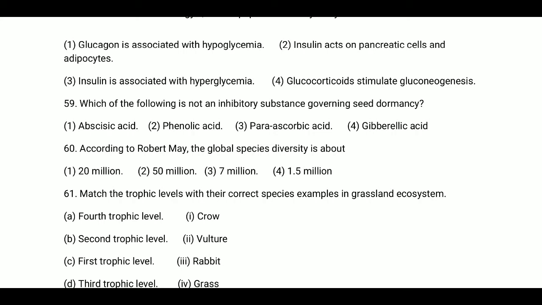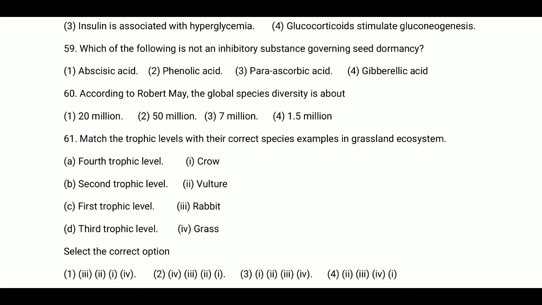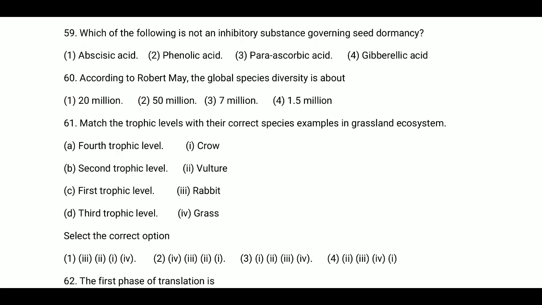Match the trophic levels with their correct species examples in grassland ecosystem. Fourth trophic level, second trophic level, first trophic level, third trophic level. Crow, vulture, rabbit, grass. Now the food chain is asked in a different manner. Okay, so the answer for this you can see. Fourth trophic level is vulture. Then second trophic level is rabbit.